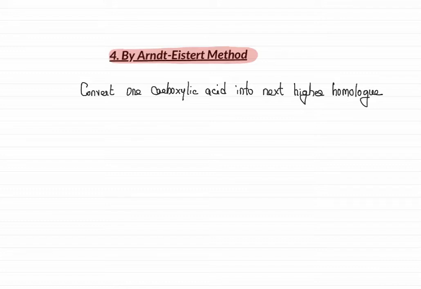Now how does this happen? So let us start with any one carboxylic acid. We would take a general form R, C, double bond O and OH. First of all, we convert this into a corresponding acid chloride by taking thionyl chloride.